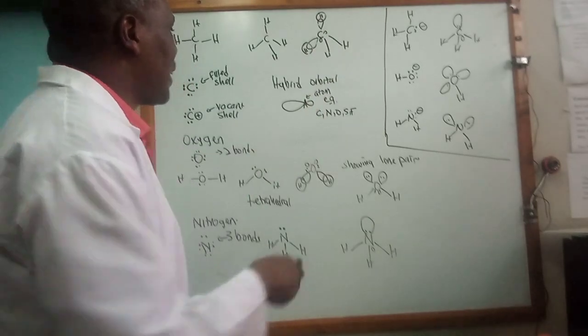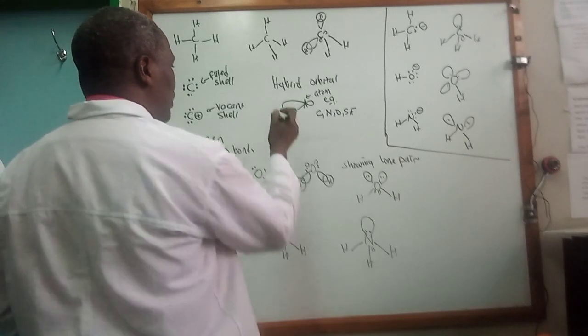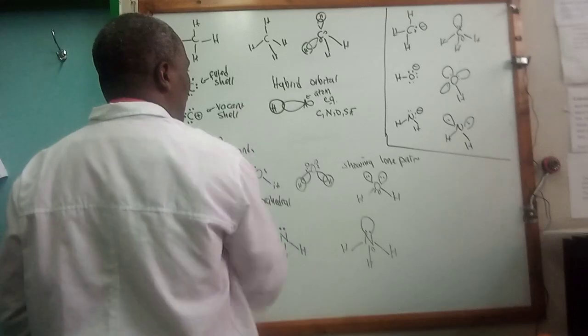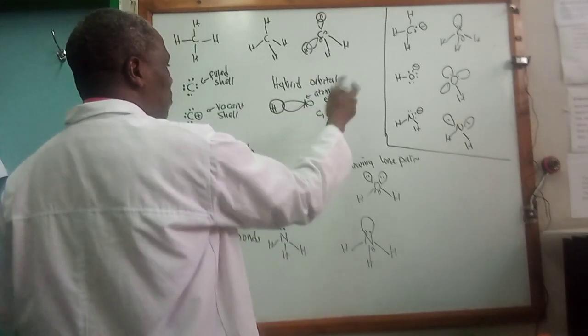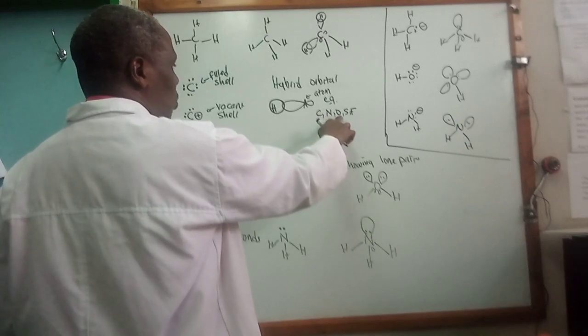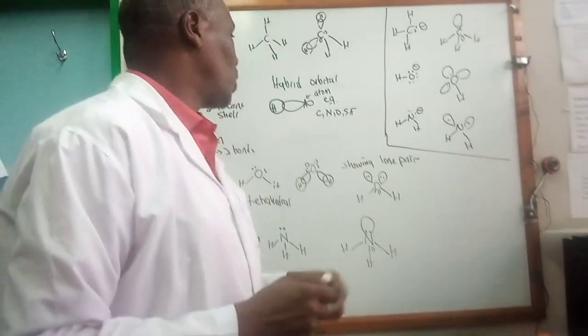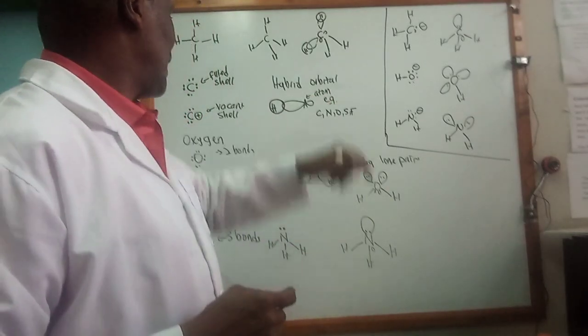If this atom bonds with the hydrogen, I'm going to show my hydrogen here as a sphere. The atom here can be carbon, nitrogen, oxygen, sulfur, or fluorine. This is a generalized illustration.